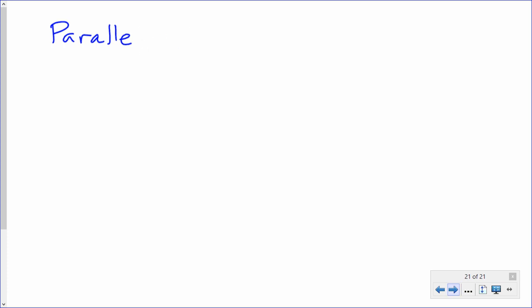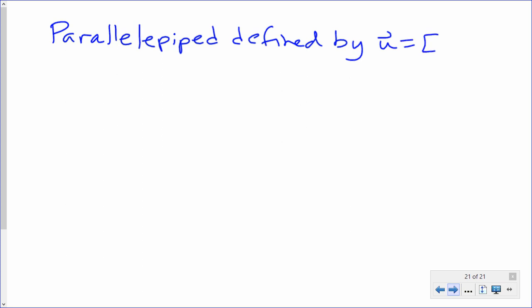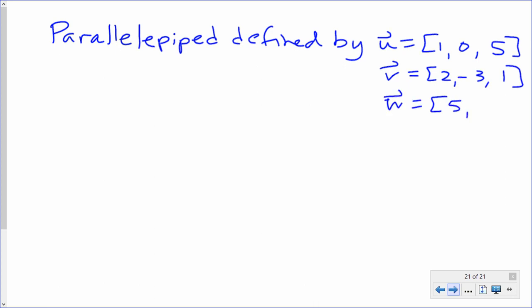Parallelepiped defined by U = (1, 0, 5), V = (2, -3, 1), W = (5, 1, 2). I just made up random vectors. Hopefully none of them are scalar multiples. There are 3 vectors. Find the volume.